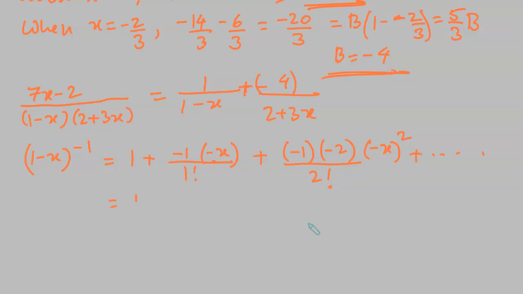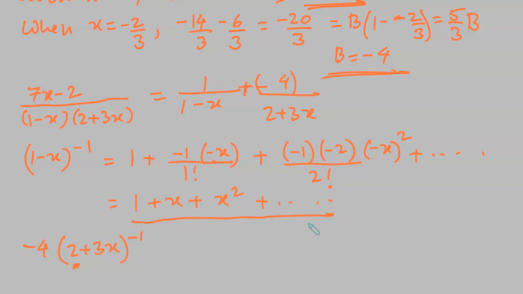So this is equal to 1 plus x, and this is 2 over 2 cancels, and this is plus x squared plus dot dot dot. This is the first part. Now the second part. Negative 4 times 2 plus 3x to the power of negative 1. But we have to get 1 in the first position as the first term.